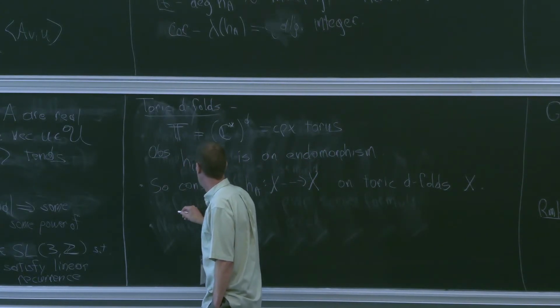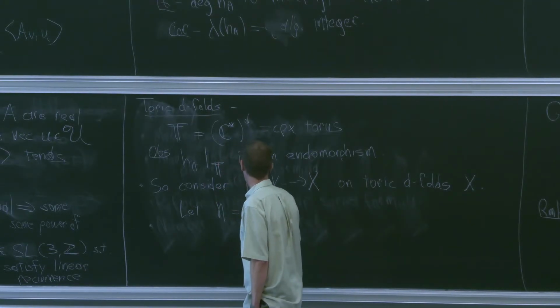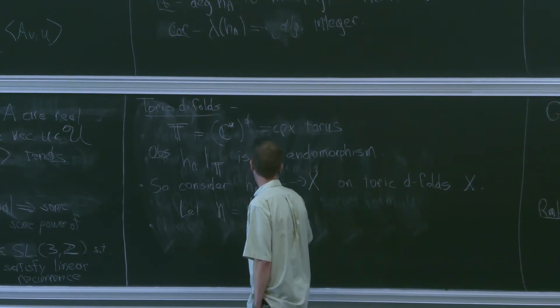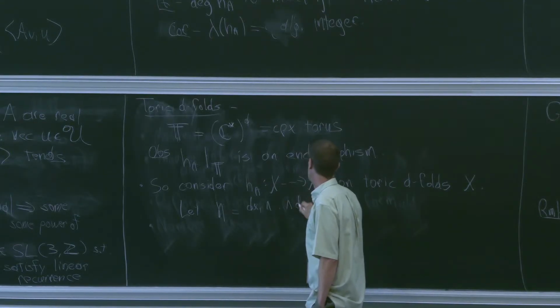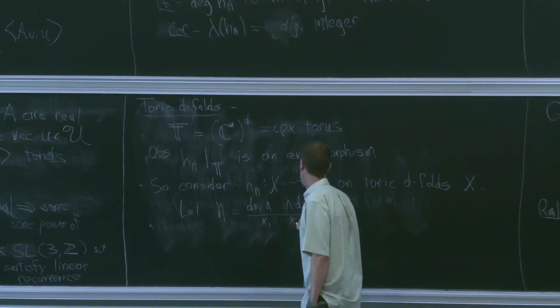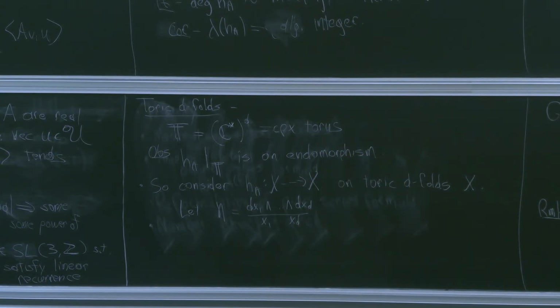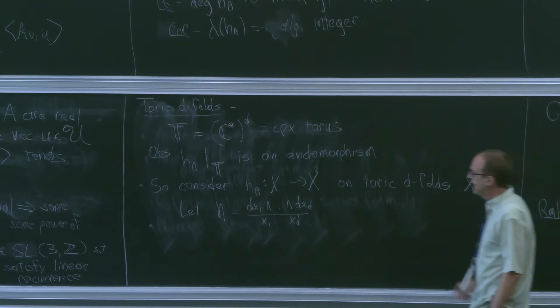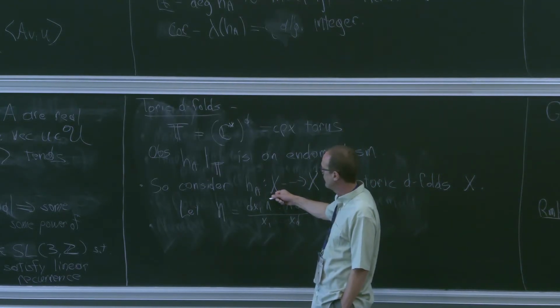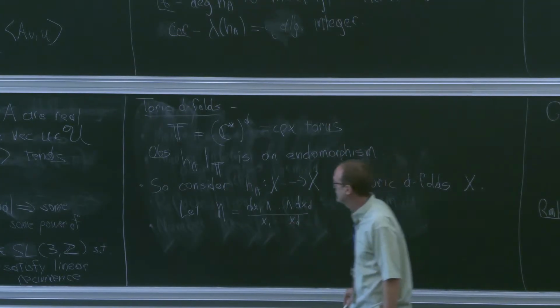So there's a canonical holomorphic volume form eta on the torus, and if you take any compactification of the torus, you can extend this to a meromorphic form on the compactification.